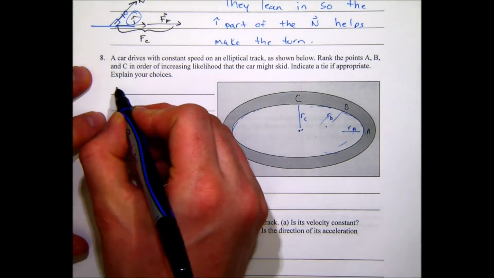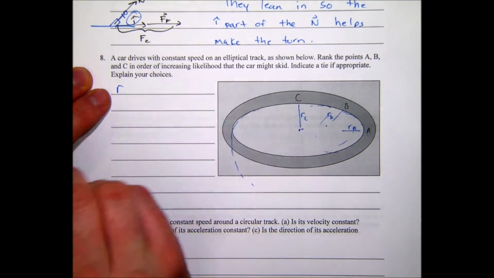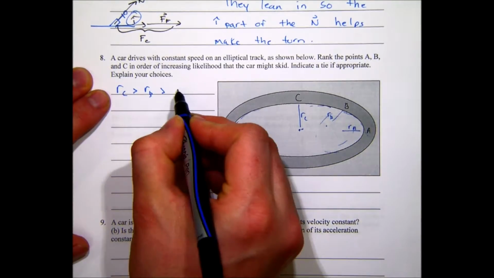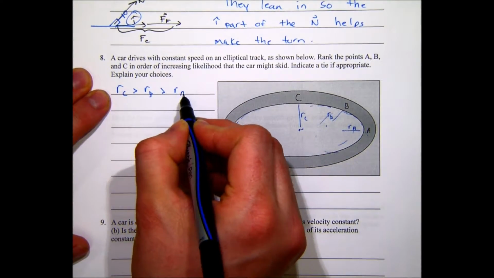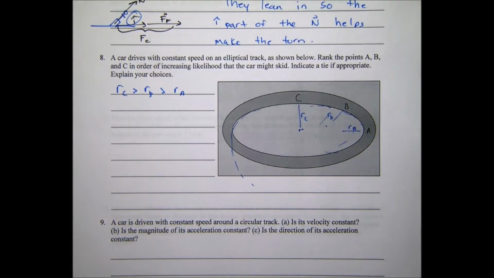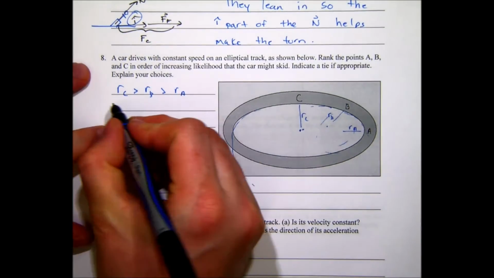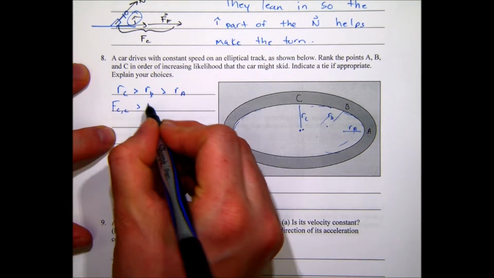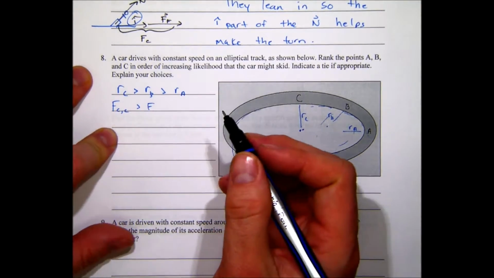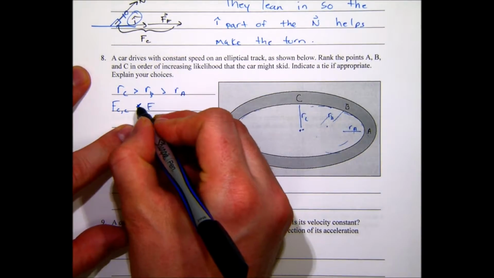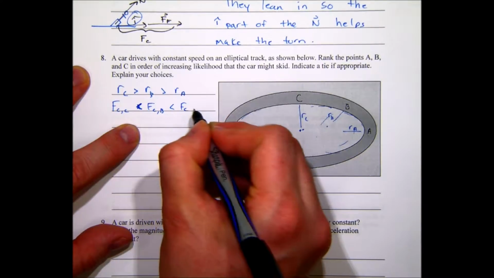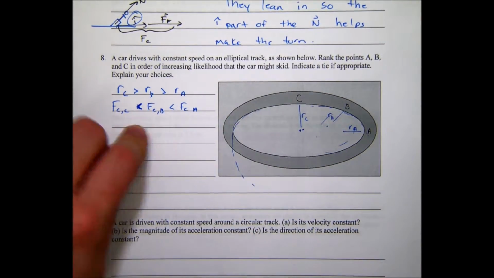So the radius of C is greater than the radius of B, which is greater than the radius of A. That means that centripetal force at those points would mirror that. So the centripetal force at C is less than the centripetal force at B, which is less than the centripetal force at A.